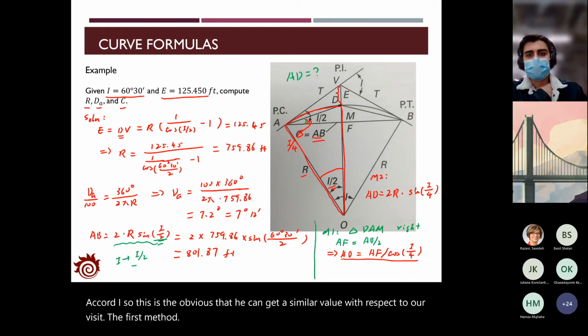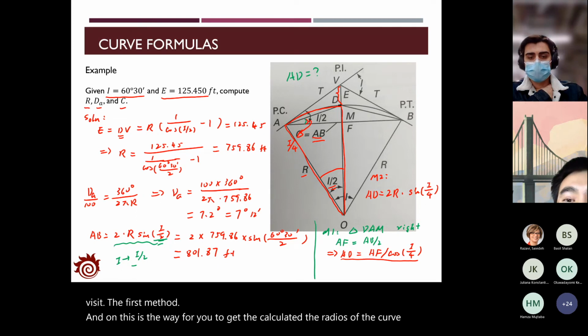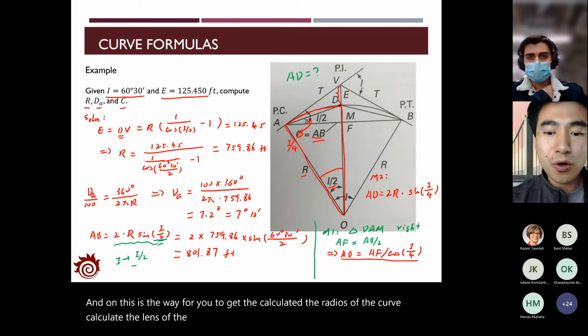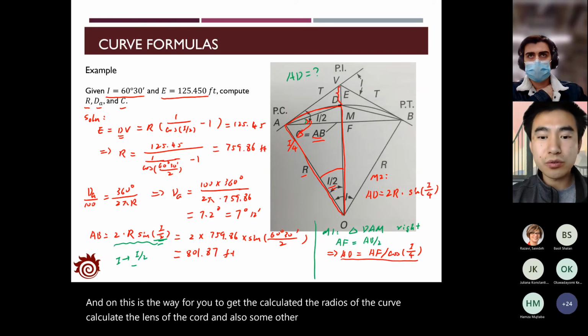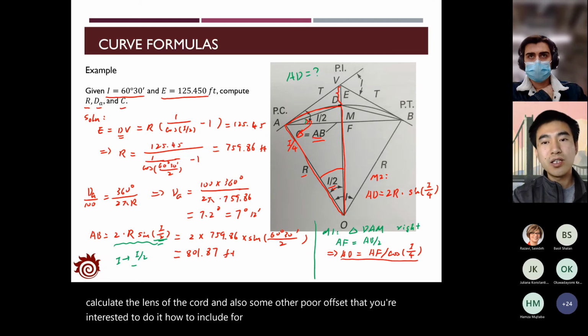And this is the way for you to calculate the radius of the curve, the length of the chord, and also other offsets that you have to include for laying out the horizontal curve.